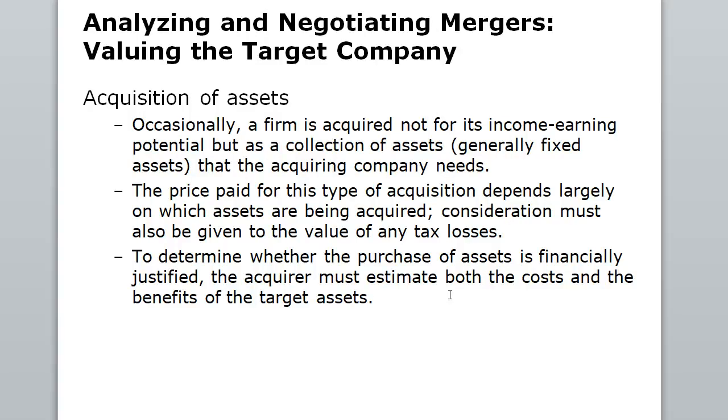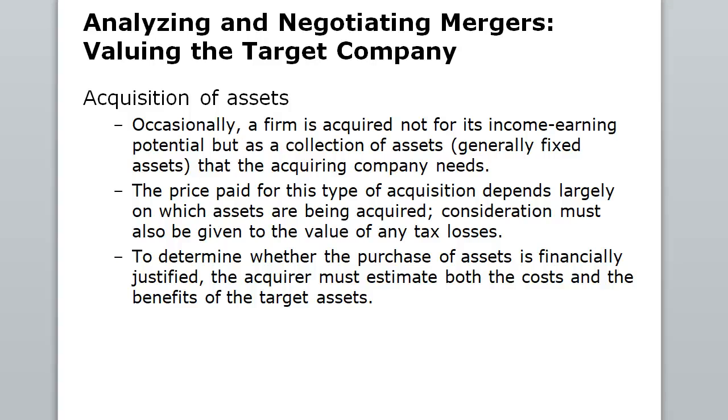Now let's look at negotiating mergers and valuing the target company. If you're making an acquisition of assets, and assets are the reason you're buying this company, so it's not the income earning potential of the business but the actual assets of the company, it's a general fixed assets value that the acquiring company would need.